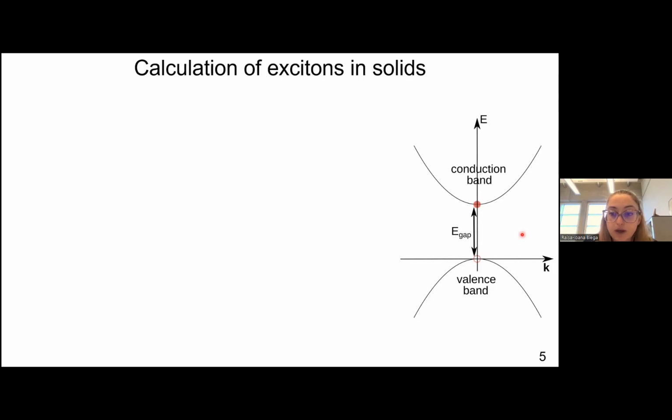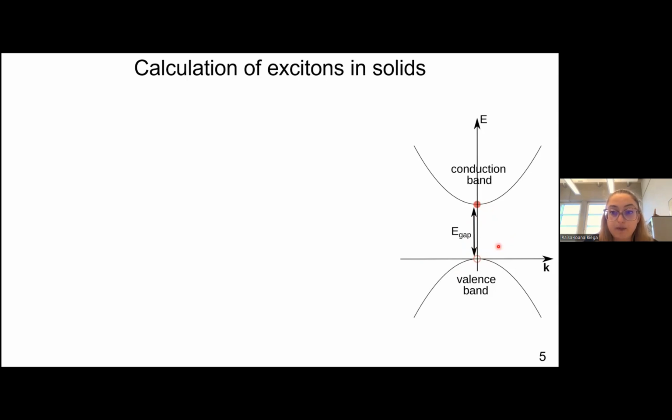What our approach allows us to do is to basically simulate exactly this scenario, where the electron that is now in the conduction band does not fill the hole in the valence band.